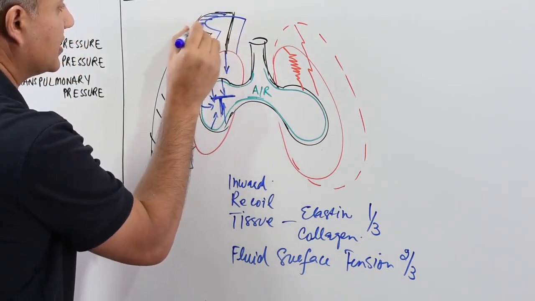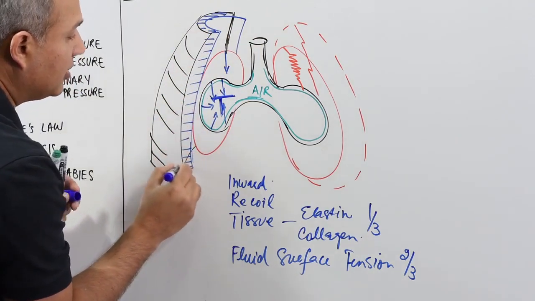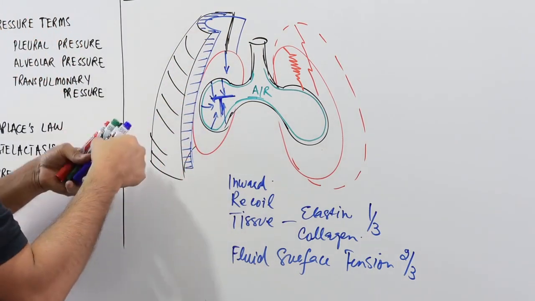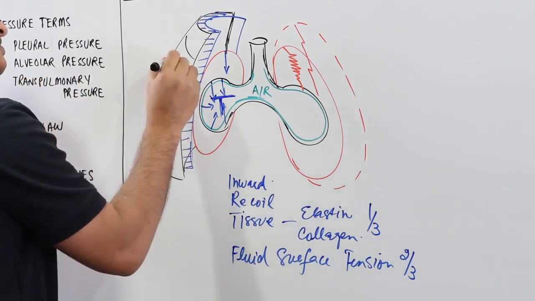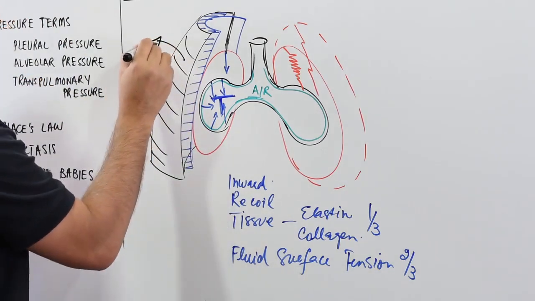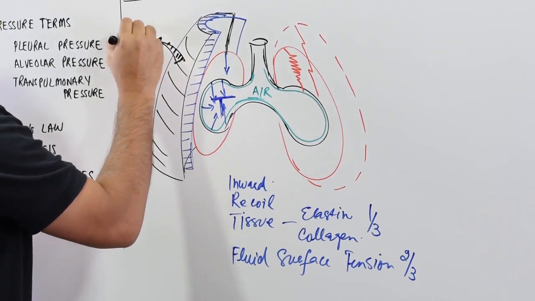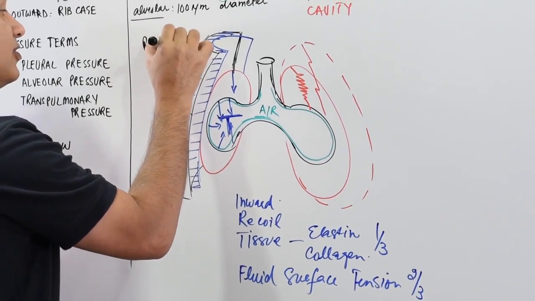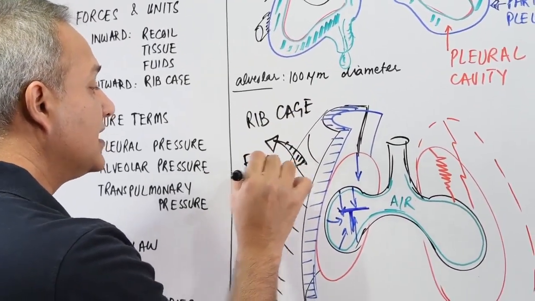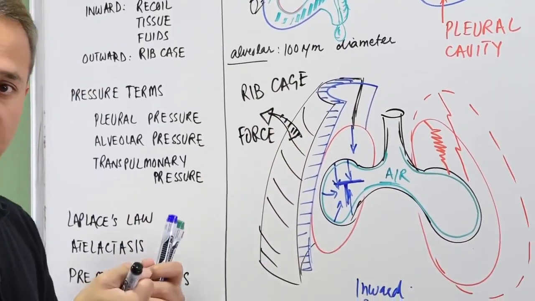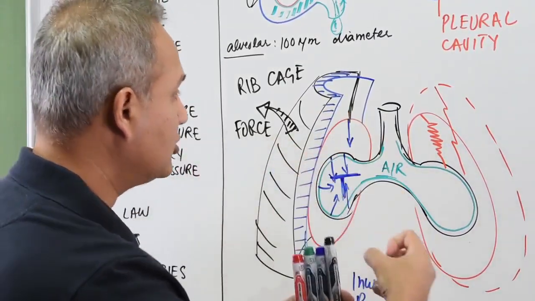Right, they are connected to the parietal pleura, and they are pulling it outwards. So this expansion, or the force that is outwards, is the rib cage force. What is that doing? It is pulling the lungs outward, while the lungs are trying to go in.